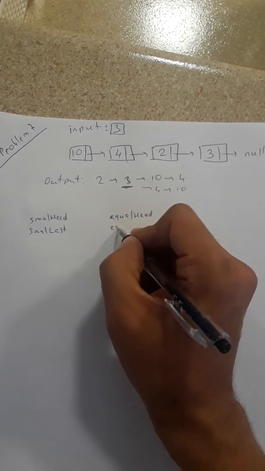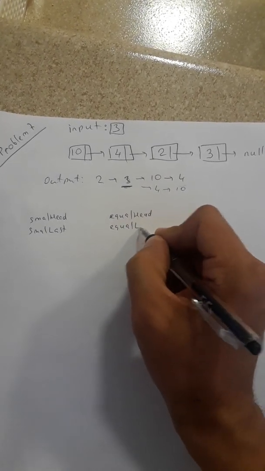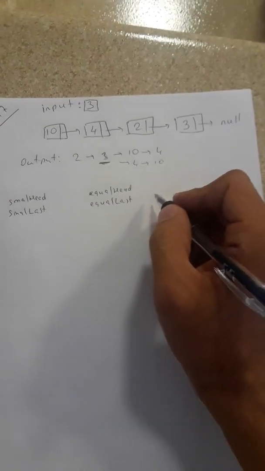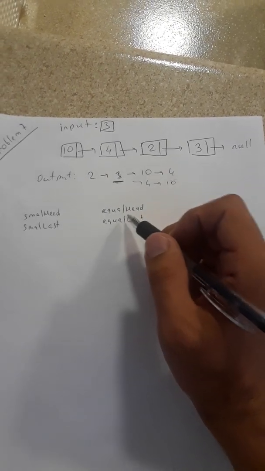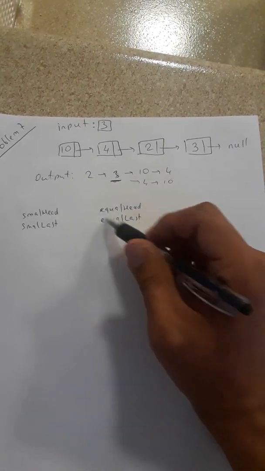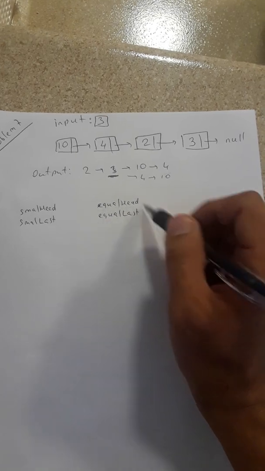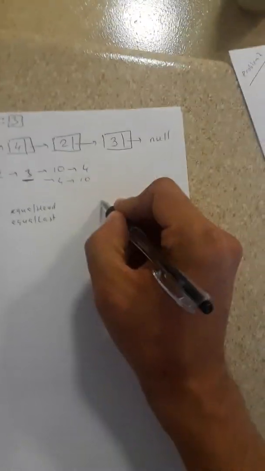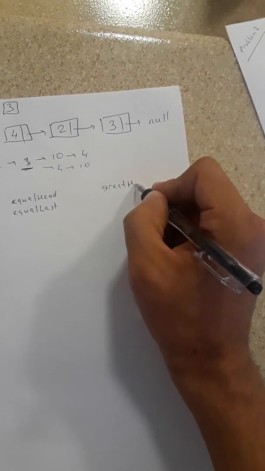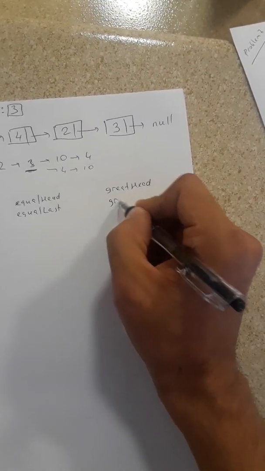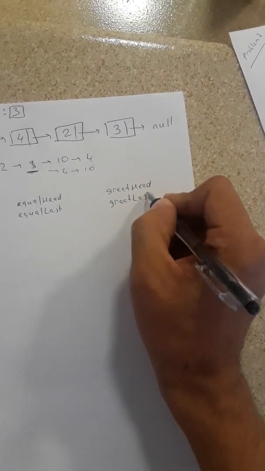Also we'll have another 2 nodes for the numbers that are equal to the input partition value. So we'll keep all those numbers in these nodes, and we will create a new linked list using these 2 nodes. And another 2 variables will be grade head and grade last.